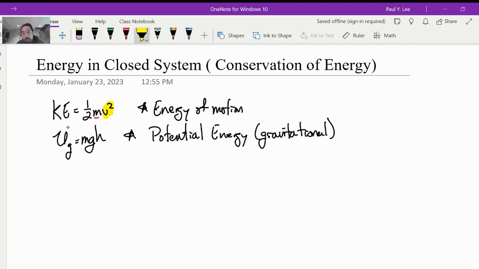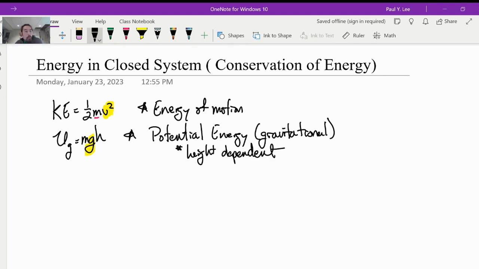We know we're talking about gravitational potential energy because there's going to be a G involved. When we do different kinds of potential energy, there's going to be a different variable that tells you what type of energy we're working with. So the idea of gravitational potential energy, conceptually, is that it is height dependent.